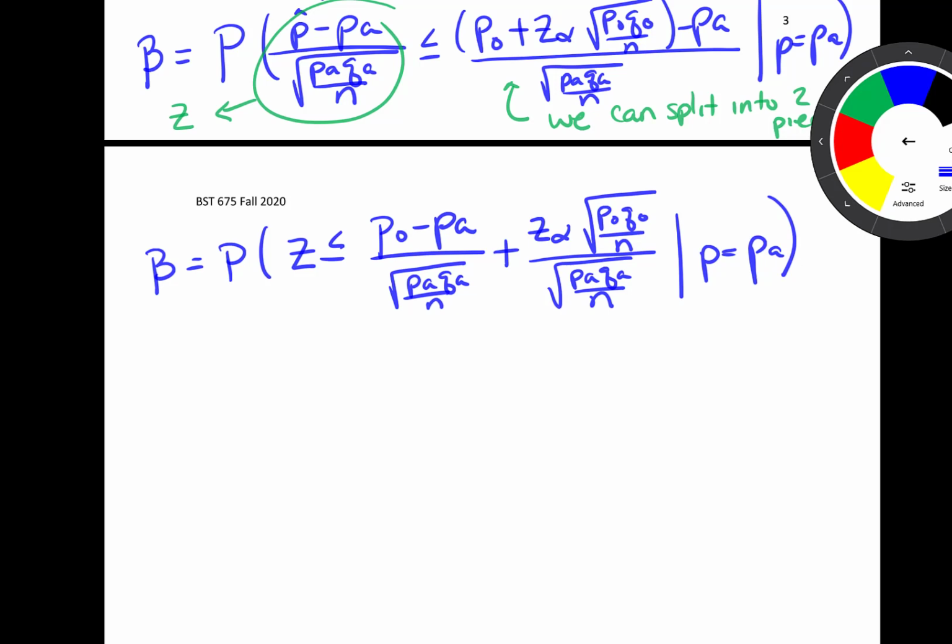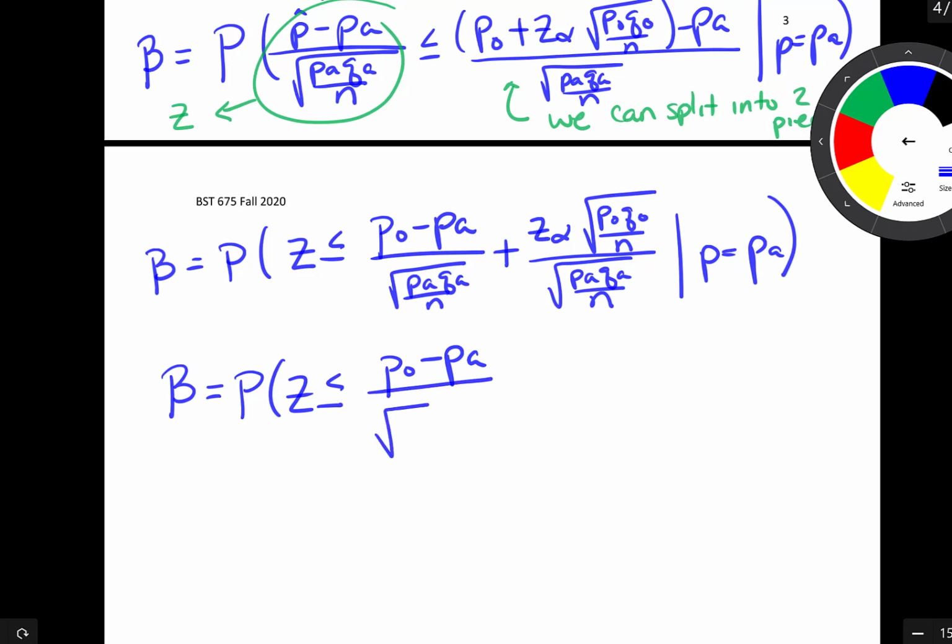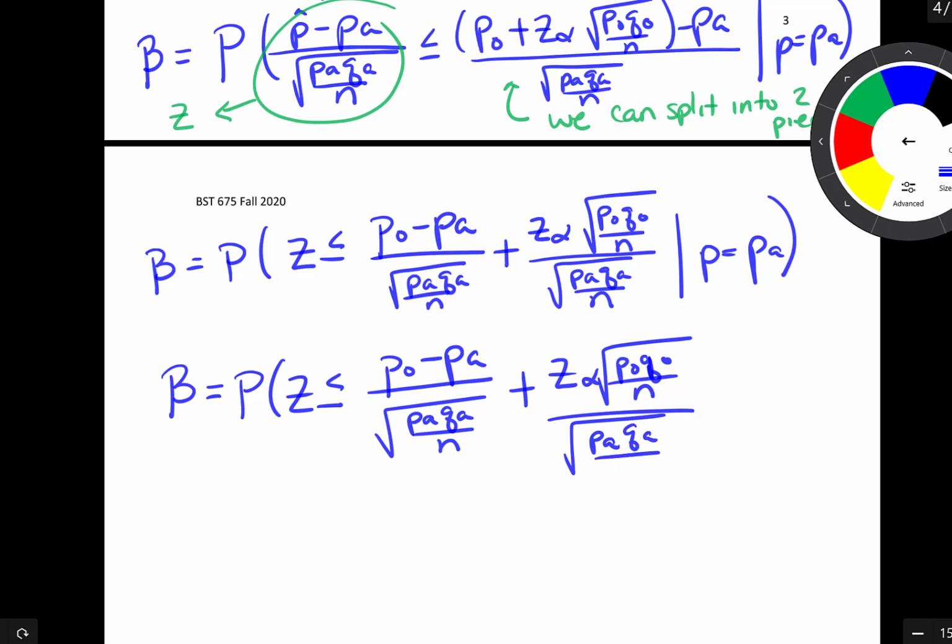So at this point we can drop the condition, and so this gives us that beta is equal to the probability that Z is less than or equal to P naught minus PA divided by the square root of PA QA divided by N, plus Z alpha times the square root of P naught Q naught divided by N divided by the square root of PA QA divided by N.